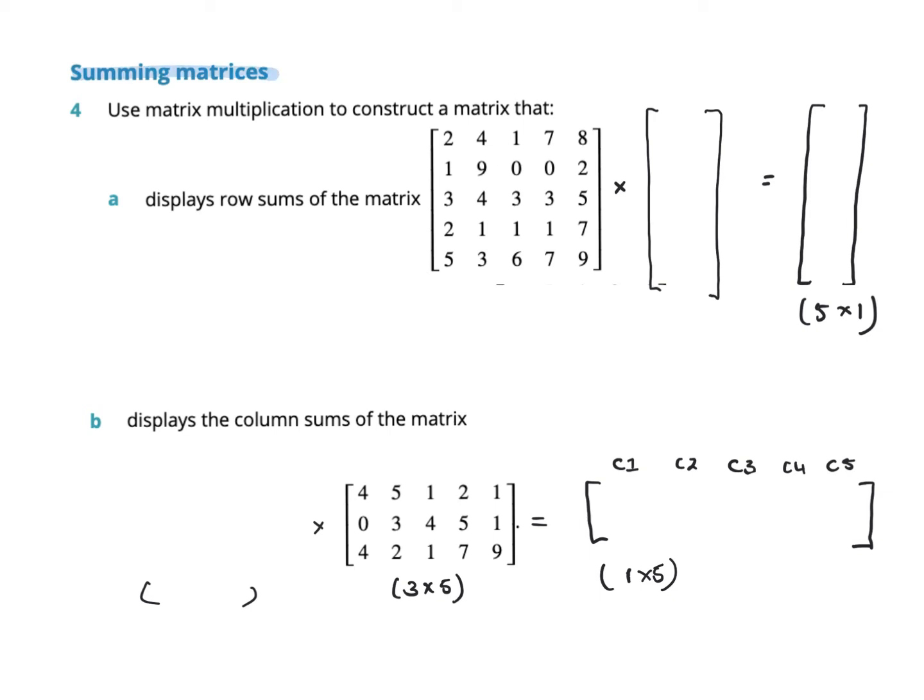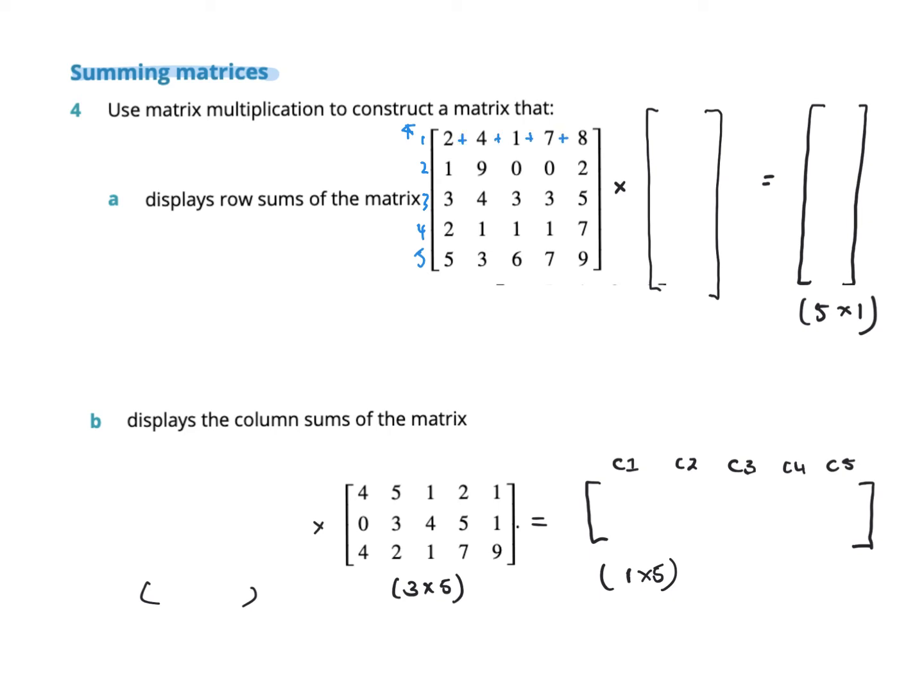Say you've got this matrix here. It has 5 rows. And what they want you to do is multiply it with another matrix so that you end up adding up all these rows.